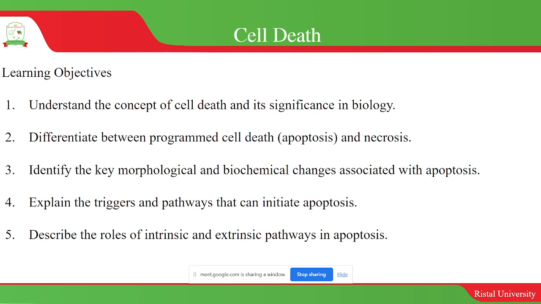We need to know the different ways, and know the chemical changes that happen when a cell is dying by apoptosis, and explain the processes of the apoptotic pathways that cells actually take. So that is what we are going to look at.